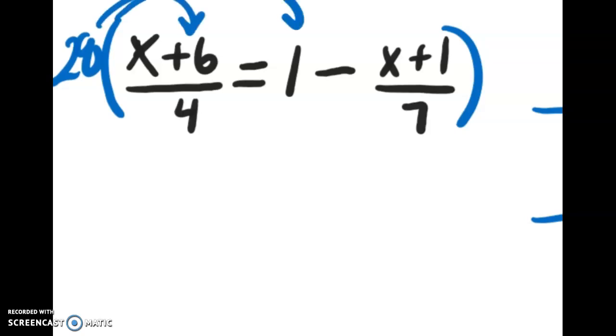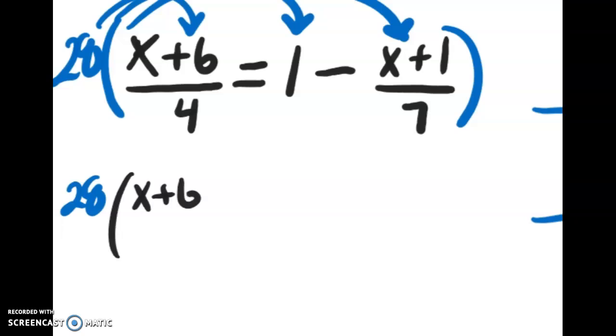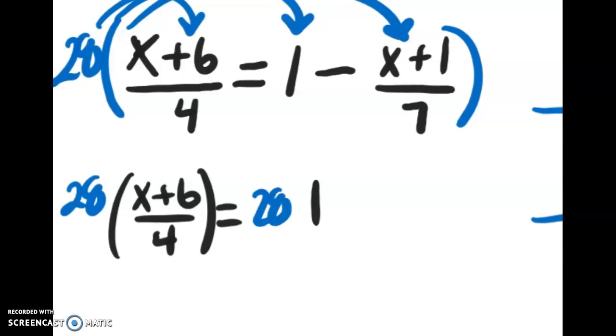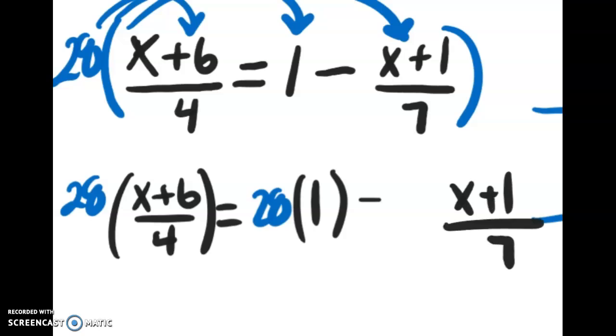And that means I multiply each term here by 28. So it's going to be 28 times x plus 6 over 4. It's going to be 28 times 1. And it's going to be 28 times x plus 1 over 7.